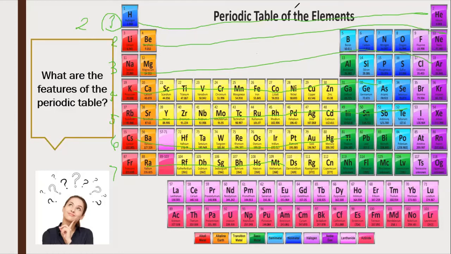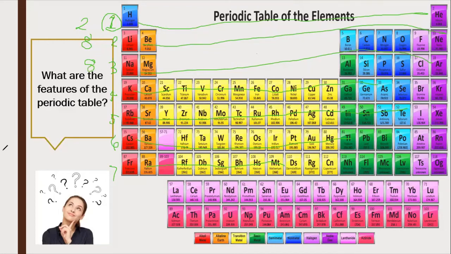So that belongs to period number 1. Okay, how about in period number 2? Eight. Okay, we have 8. Very good. So 1, 2, 3, 4, 5, 6, 7, 8. So we have 8. How about in period 3? We have eight.